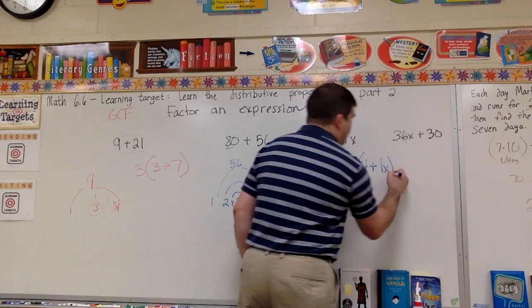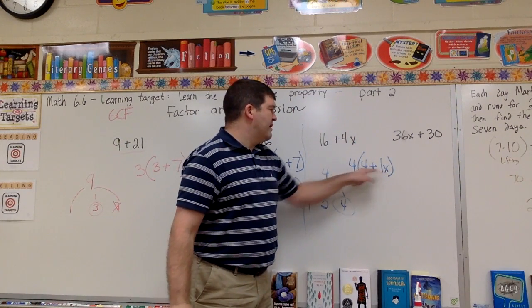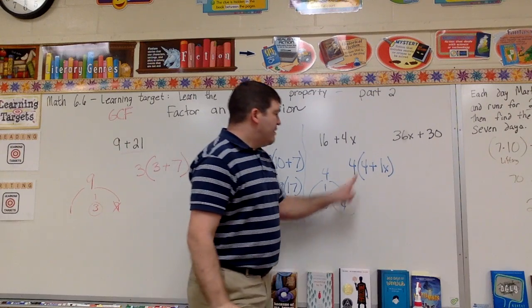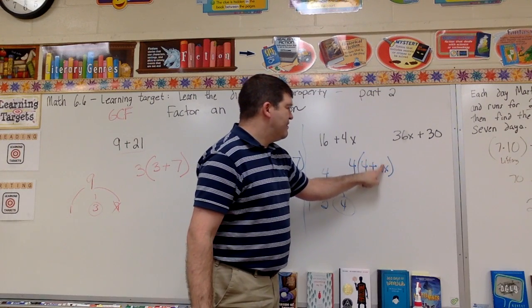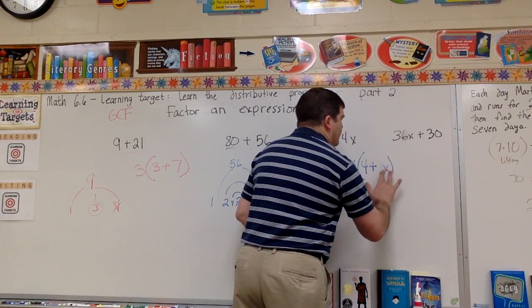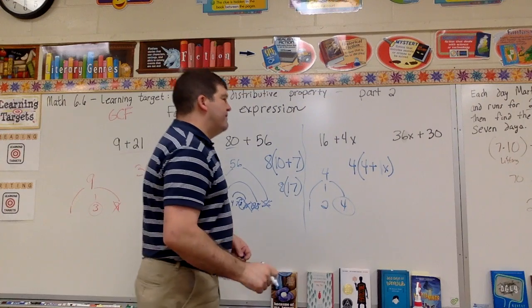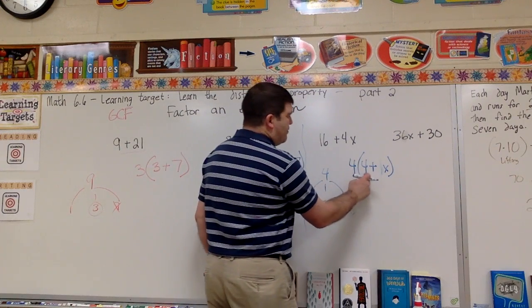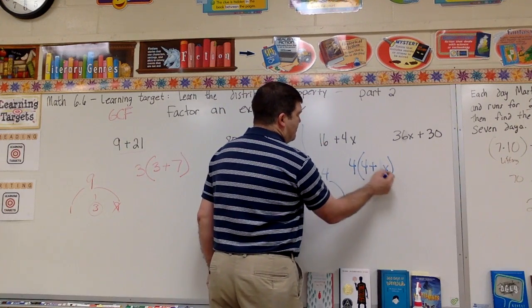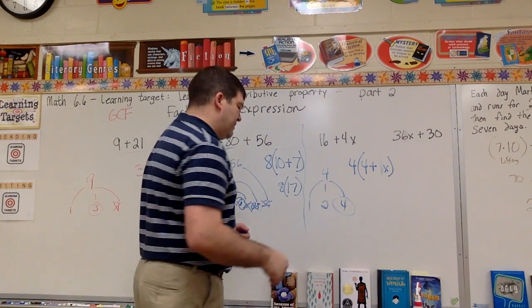And the x goes with it. So it's 4 times the quantity 4 plus 1x. Because it's 1x, I don't really need the 1. It's assumed that if there's an x, there's 1. So 4 times 4 is 16, 4 times x is 4x. I factored it out.